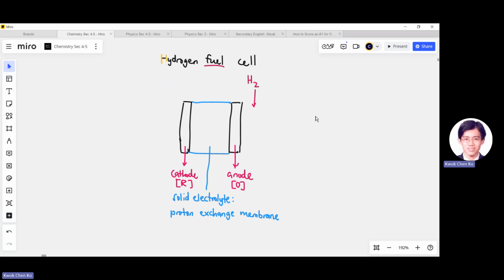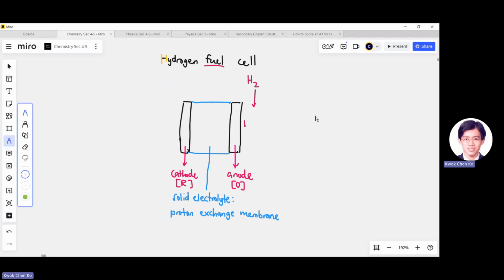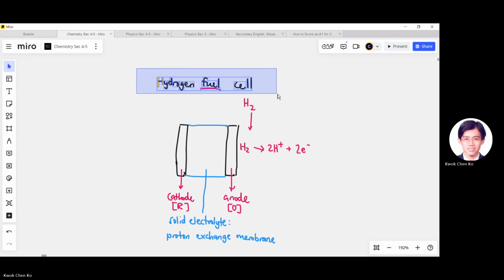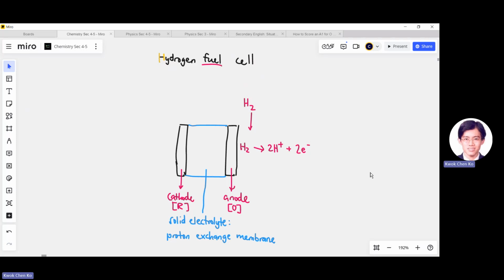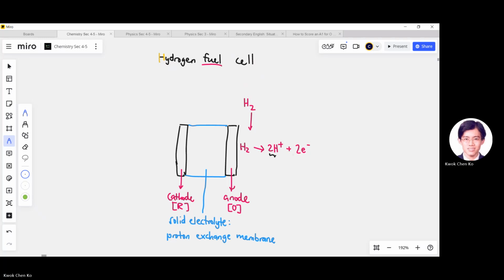Now, what happens is the H2 gas will oxidize. To what? This is the equation. No surprise, it's going to change into H plus. Just a note: what's H plus exactly? It's a hydrogen atom without the electron.